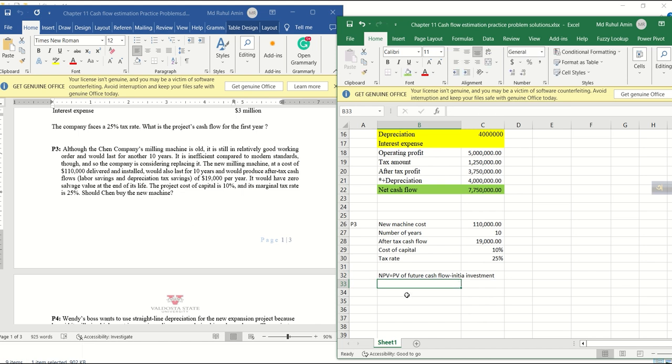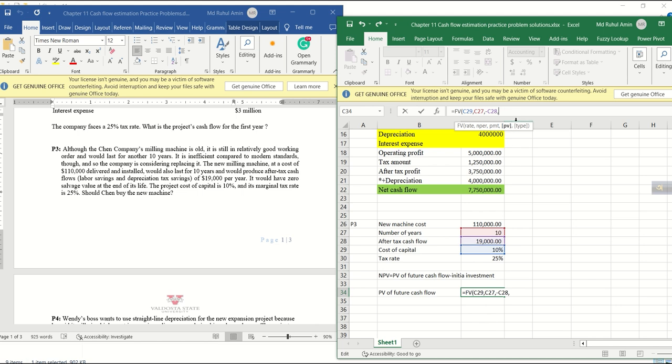So can I just get PV of future cash flow: FV, rate, this is our rate, N per, PMT is this. We need to make it negative to get the value positive. And then what else?